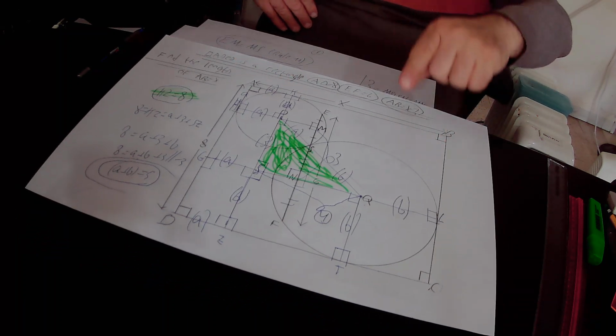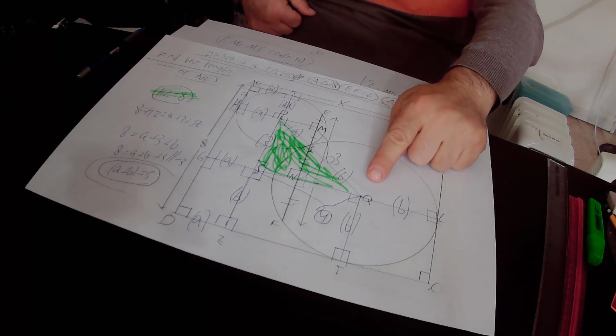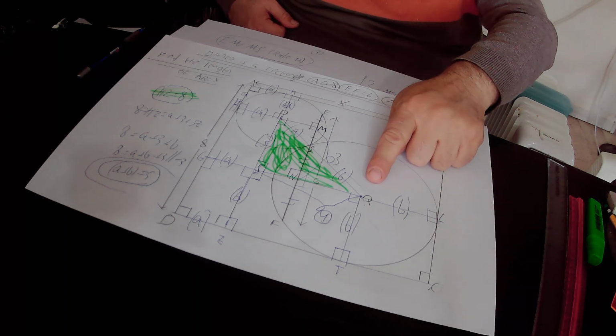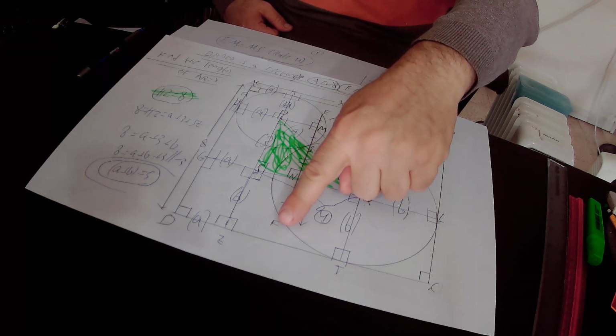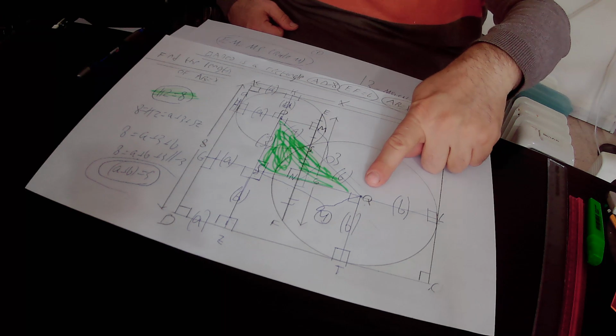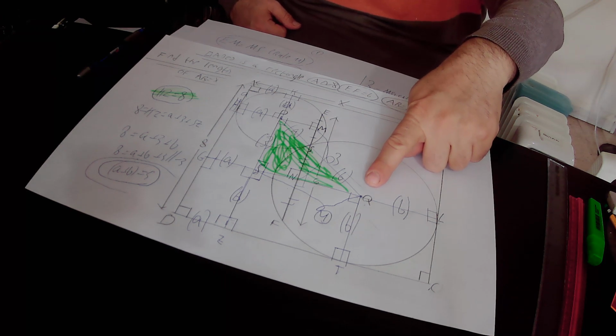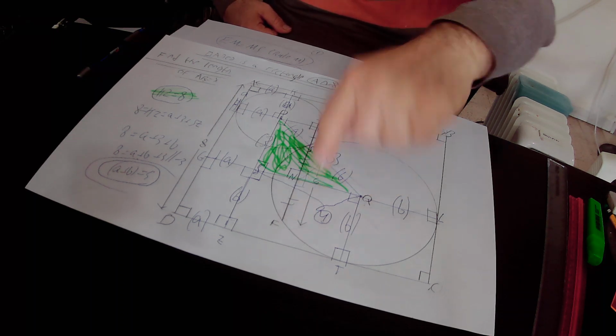Likewise, from the center of this big circle, that is from point Q, we draw a perpendicular on chord SF.